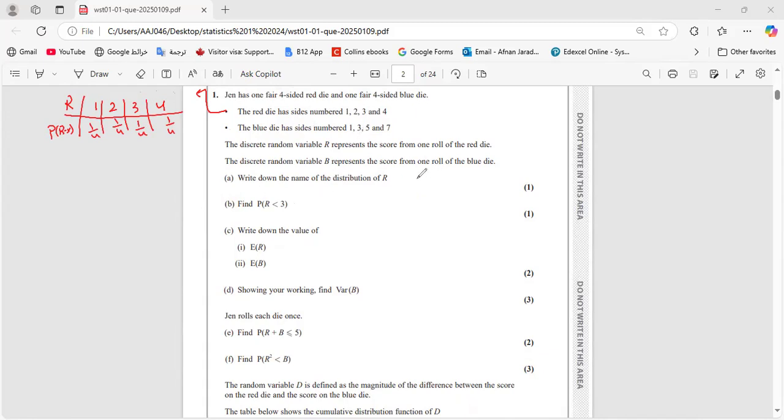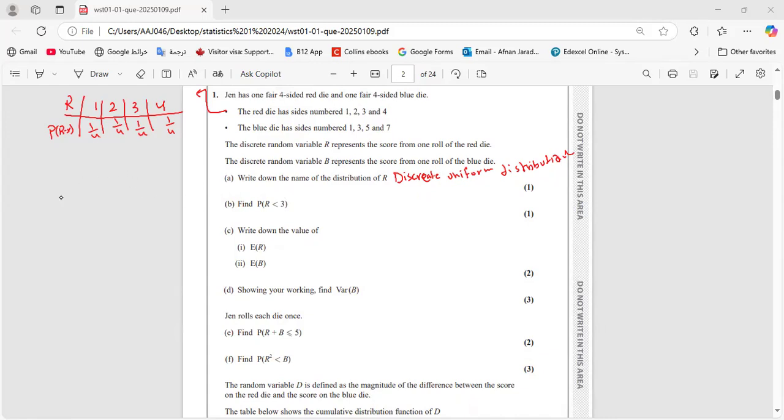So what is the name of this distribution? It is the discrete uniform distribution.